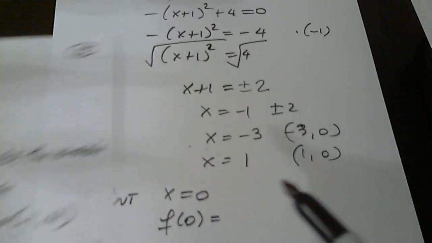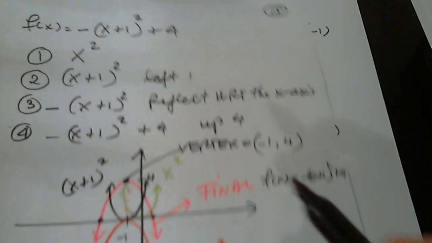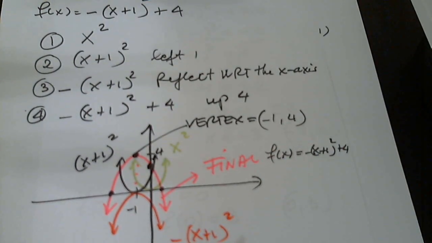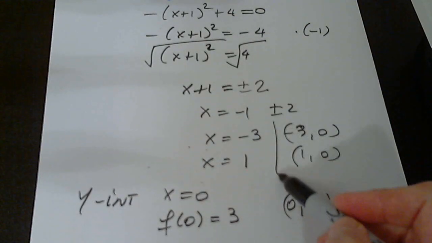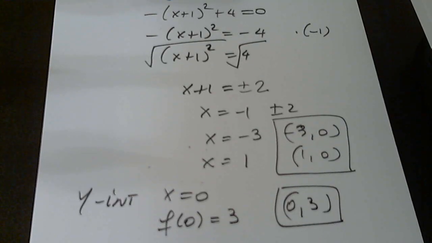Negative 1 plus 4 is 3. So 0 comma 3. Right here. So we determined the x and y intercepts algebraically. Any questions?